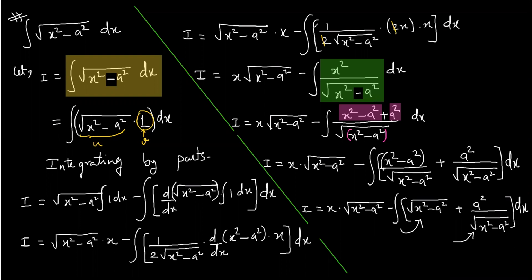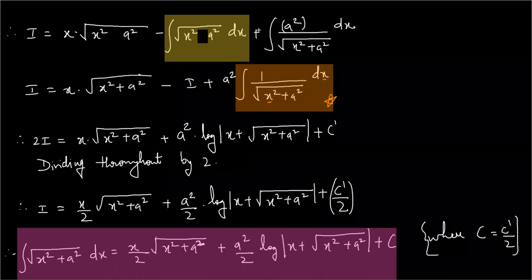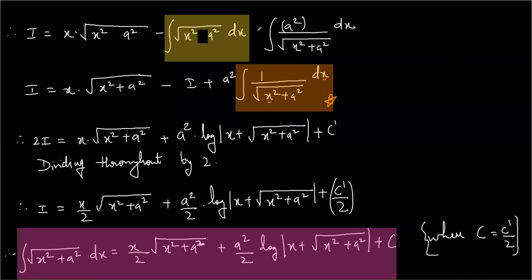So I get here negative, and here I will get the integral of the square root of x square minus a square, and the integral of a square upon the square root of x square minus a square.